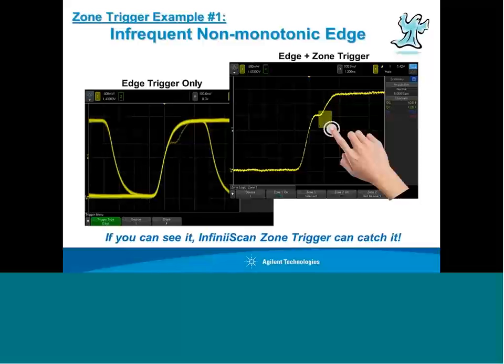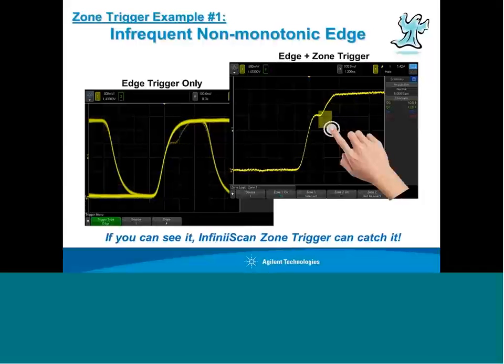With zone qualified trigger, all you need to do is draw a box on the scope screen using the scope's touch screen. It's a capacitive touch screen, or you could use a mouse, and you just draw a box only in the area of the problem signal, and the scope will lock in on it.